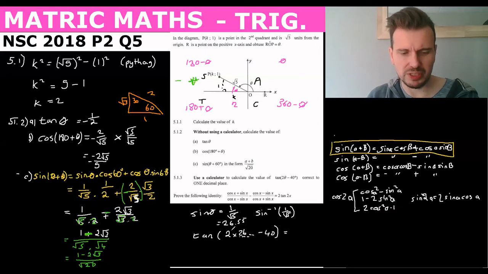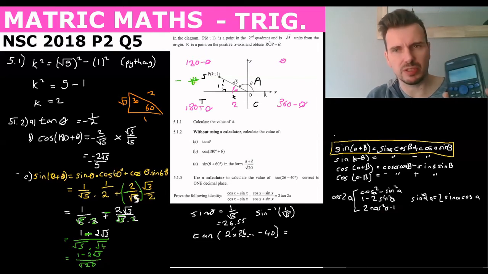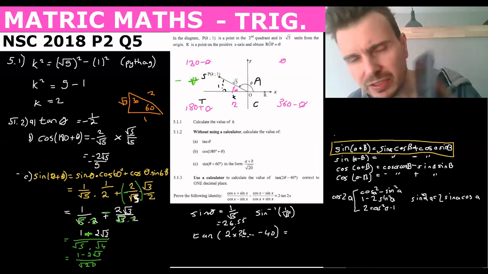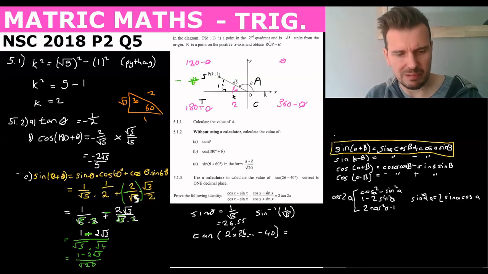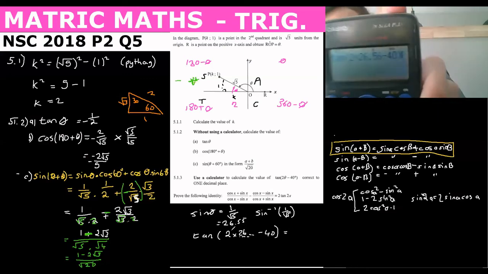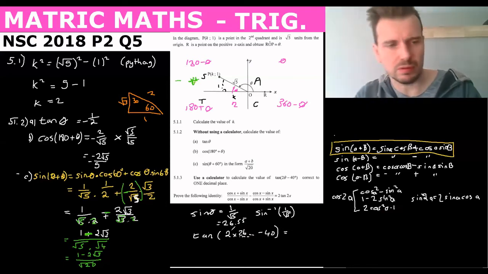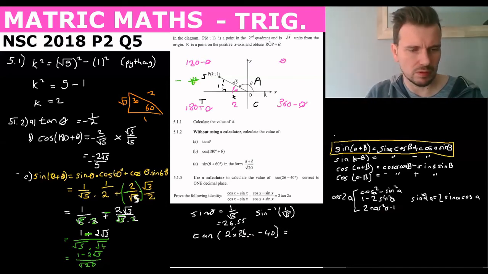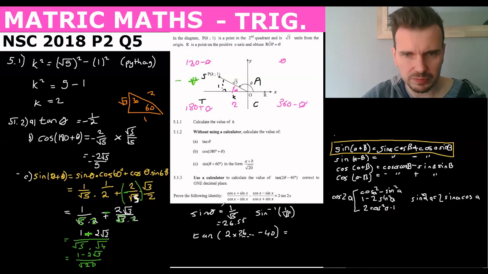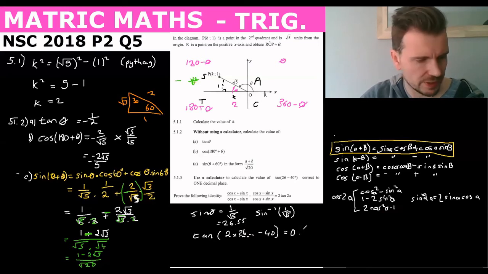Perfect, because we only need it to the nearest 1 decimal place. So we say tan 2 times 26.56, but then we keep it in the same brackets as the minus 40. Okay, then 0.233. Perfect. So that's 0.2.